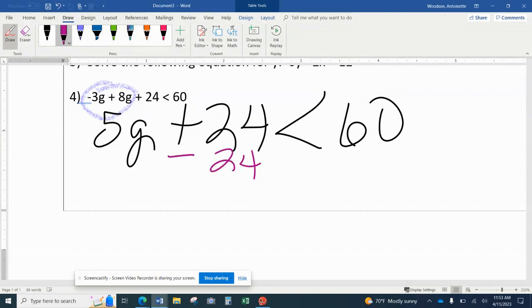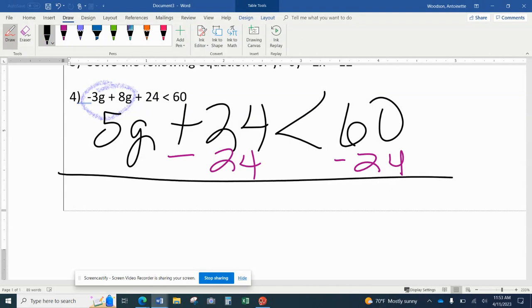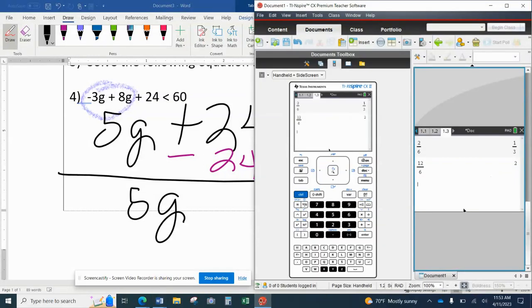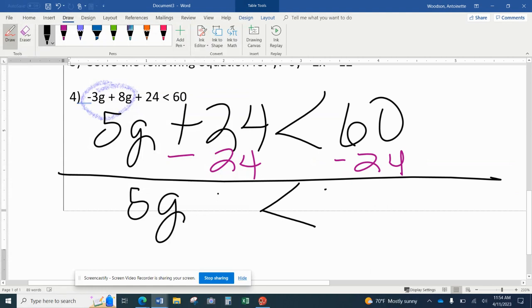Subtract 24. So that gives me 5g is less than 60 subtract 24. If you can't do it in your head, go to your Inspire. Do 60 subtract 24, and you get 36.